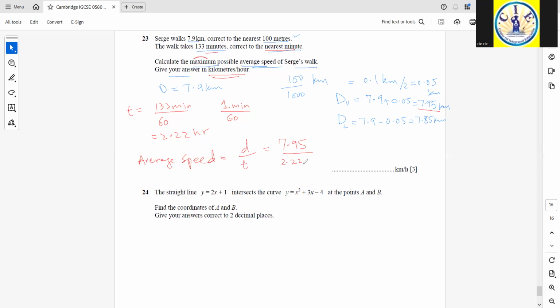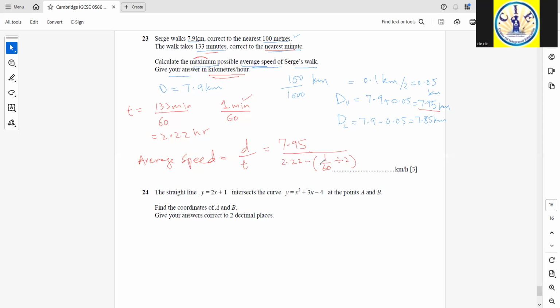So that is 2.22 minus 1 divided by 60, the accuracy, and then I need to divide it by 2.